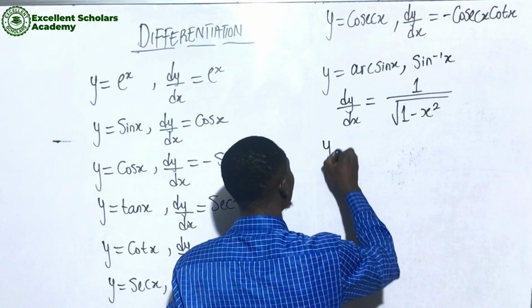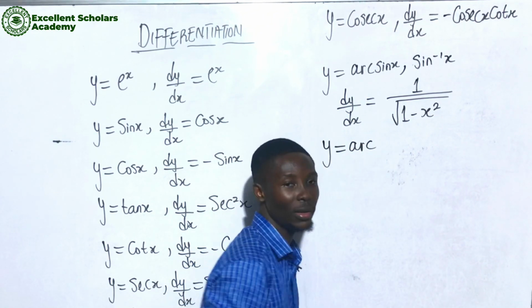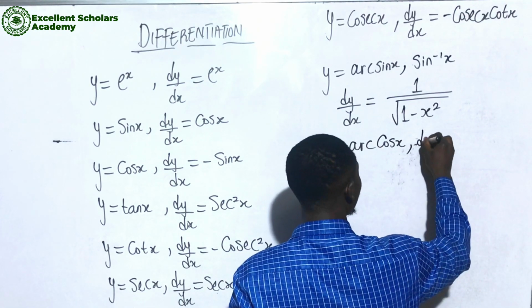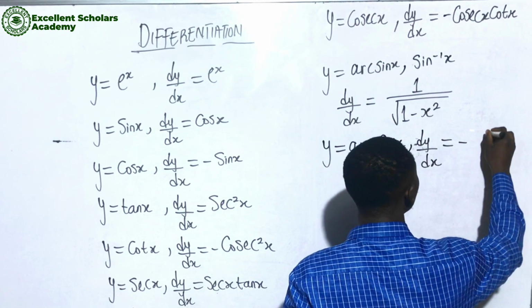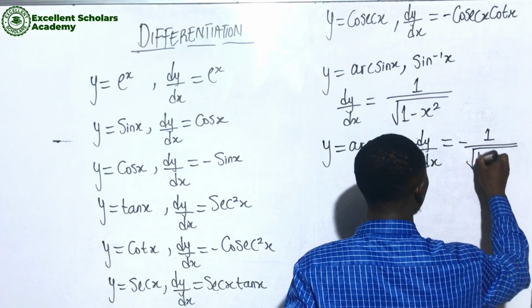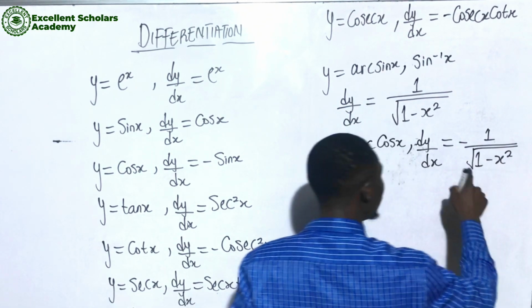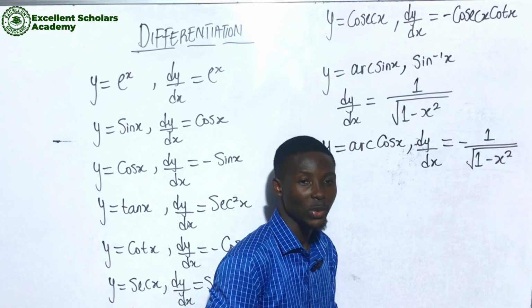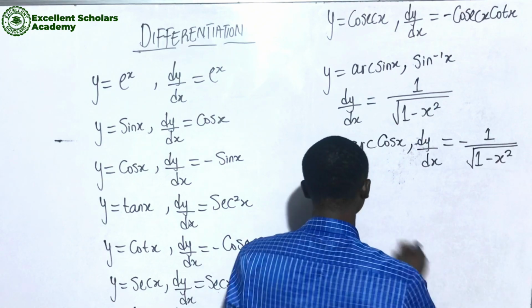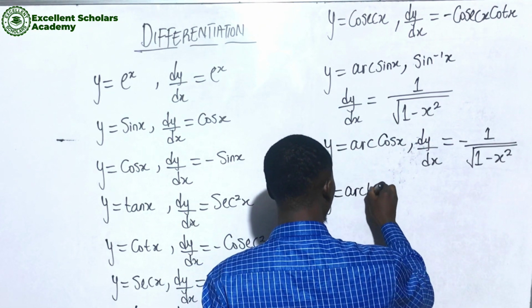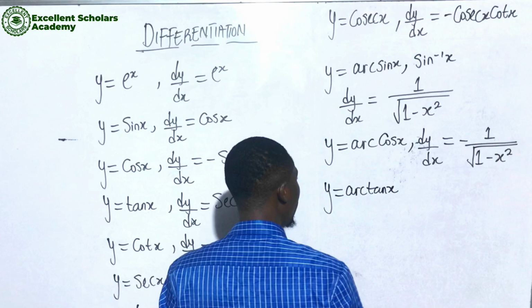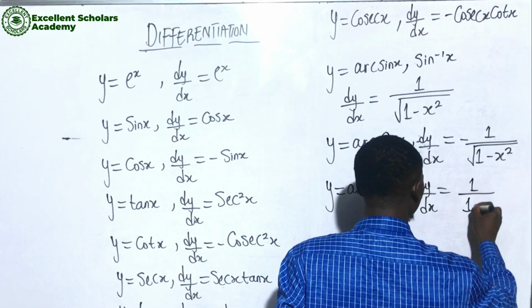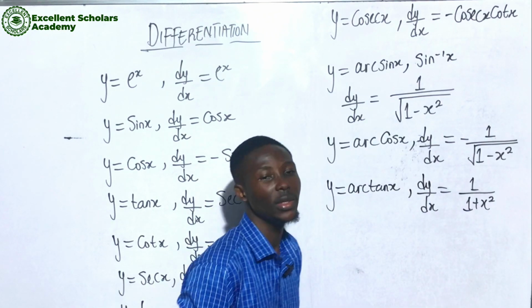So if you're given a function y is equal to arc cos x, if you differentiate this, you're going to have minus 1 over square root of 1 minus x squared. This is going to be your derivative. Negative 1 over square root of 1 minus x squared. Okay? Now, if you're given y is equal to arc tan x, your derivative is going to be 1 over 1 plus x squared.